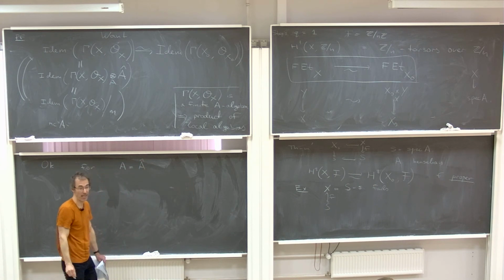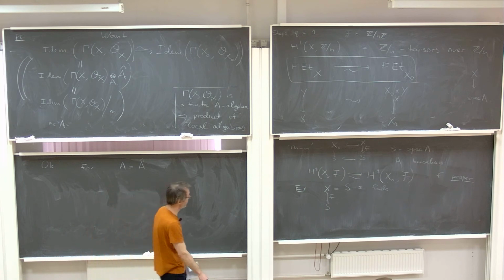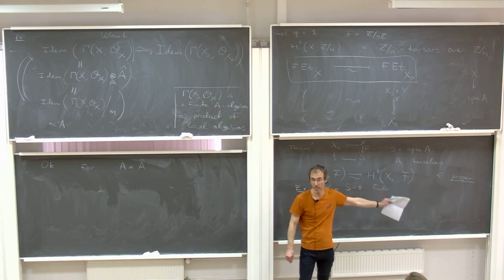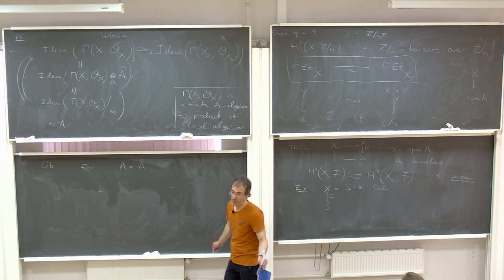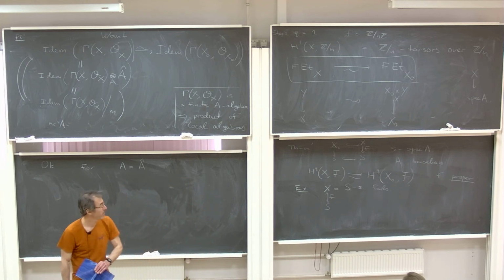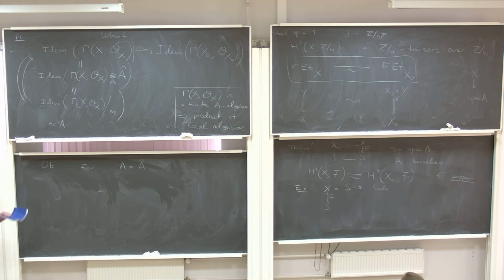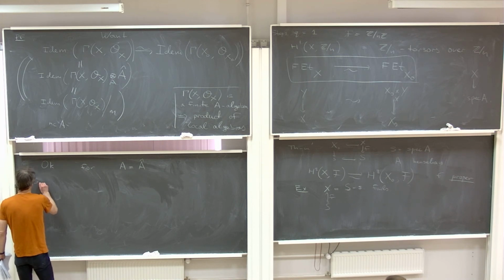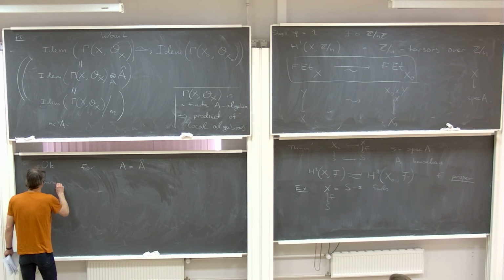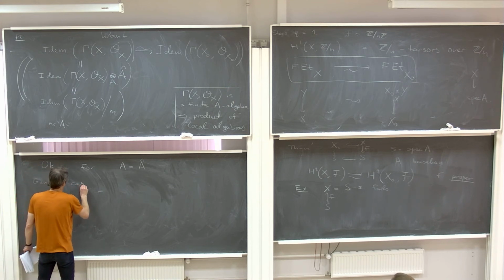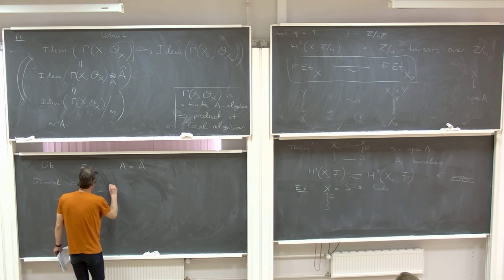That's precisely the assertion that we proved. Right? We proved that the fundamental group of X is the same thing as the fundamental group of X0, for connected X0. So now the general case is derived from this using what's called Artin approximation.